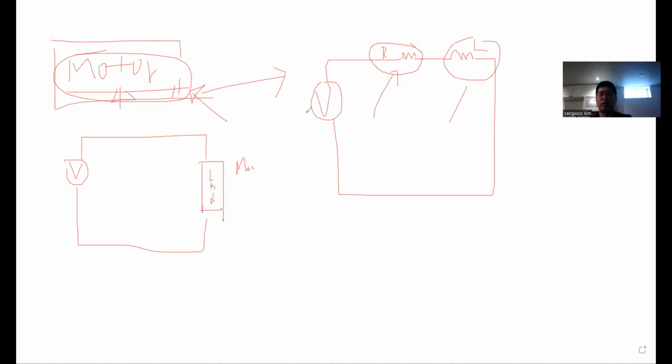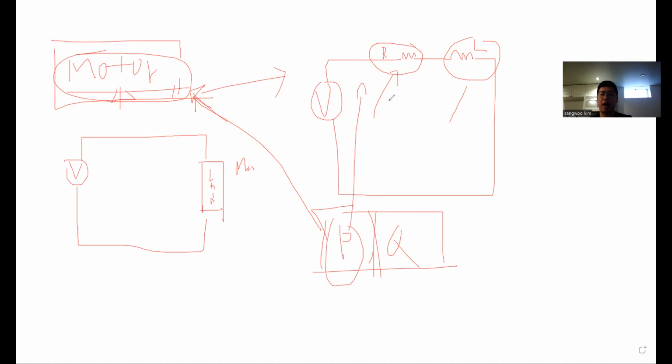So we say the motor actually consumes P, active power, and Q. Actually, it needs both of them, but we need to explain it in the circuit. P we indicate as R, and Q as L or C, depending on the load.